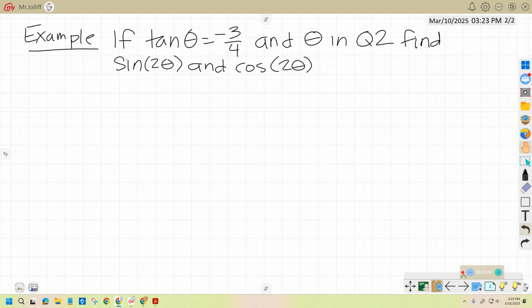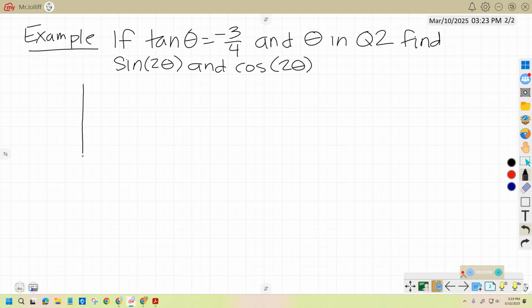My recommendation when you see problems like this where they give you, instead of theta, tangent of theta, sine of theta, or cos of theta, draw a picture for the right triangle that's represented by that trig fraction. So that's the very first thing I'm going to do: draw a picture.